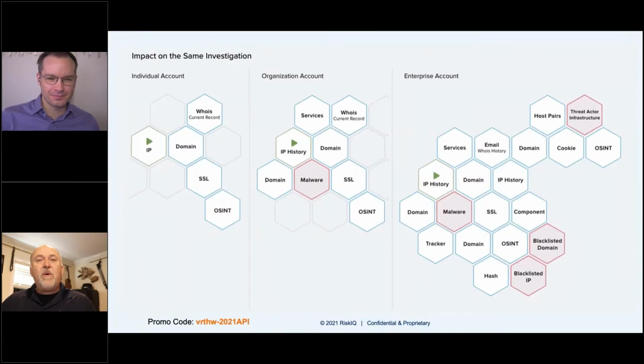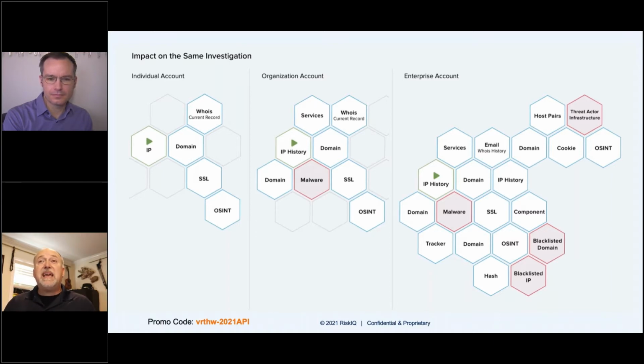Now, why is it important to have the most amount of data possible and these advanced data sets? If we looked at the same initial indicators and you have the free account, you might be able to see the WHOIS records, the domain, a certificate, and maybe some open source intelligence articles that are linked to it. But if I have the organizational one, I have a bigger history.